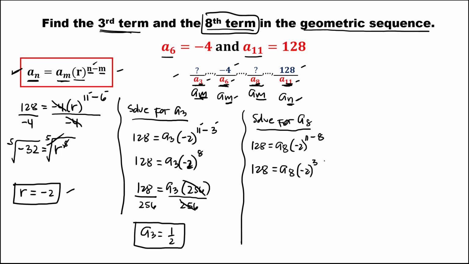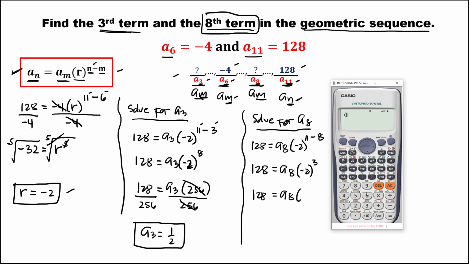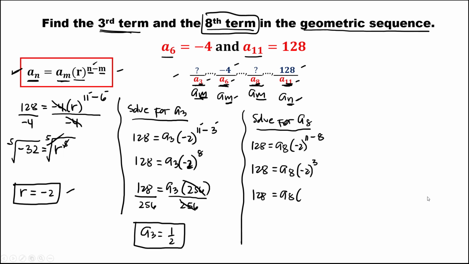Then we have 128 equals a sub 8 times negative 2 to the power 3. We need to put it inside parentheses, negative 2 to the power 3, so that's negative 8.